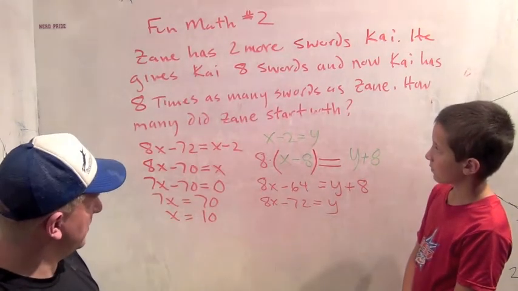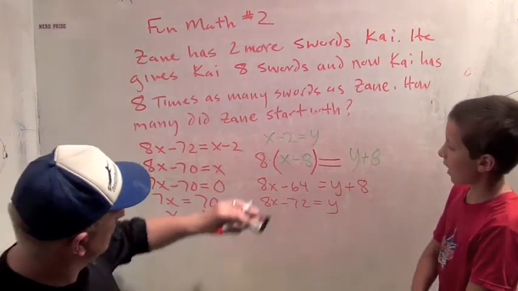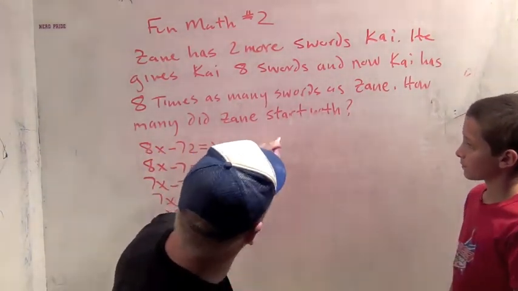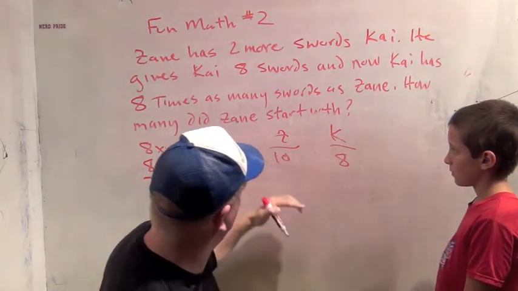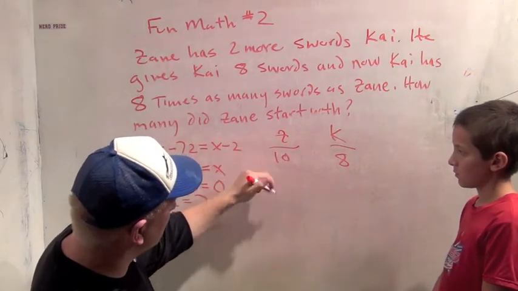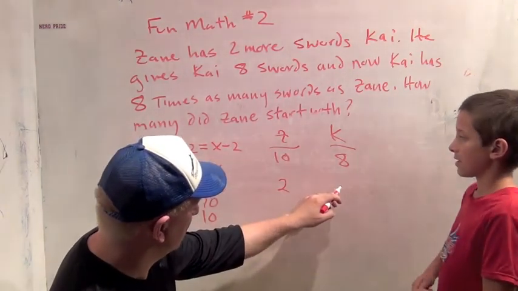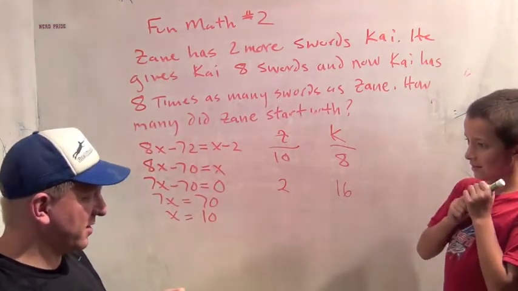So how many does Kai have in the beginning? Kai has 8 swords in the beginning. So Zane has 10, Kai has 8, and when Zane gives Kai 8 swords, how many does Zane have left? 2. How many does Kai have? He has 16. Is 16 8 times 2? Yeah. Hey, it worked. We figured it out.